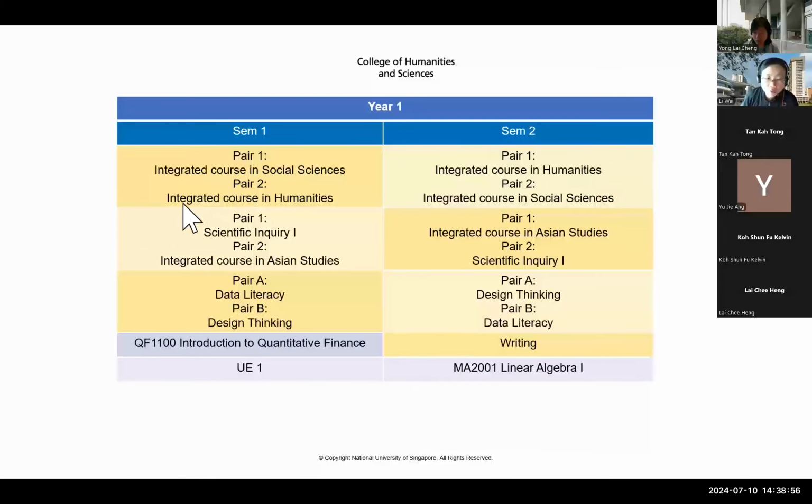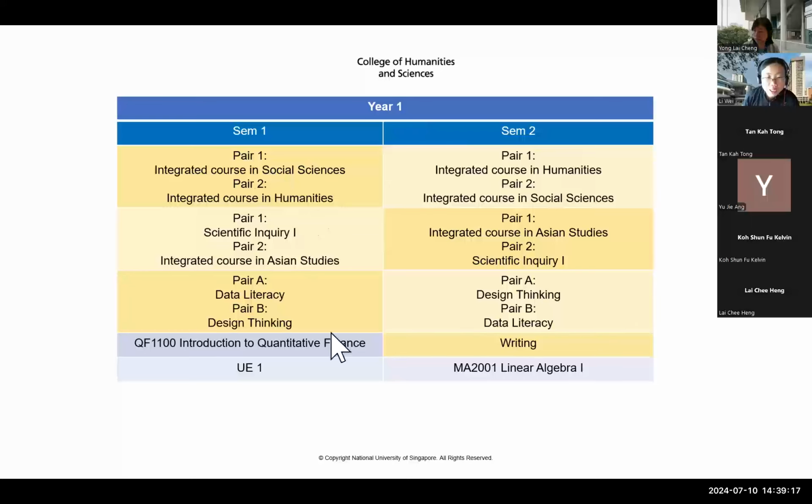And if you read the integrated course in humanities in semester 1, then the other semester you read the integrated course in social sciences. Okay, so this appears in pairs, but not all the courses appear in pairs.